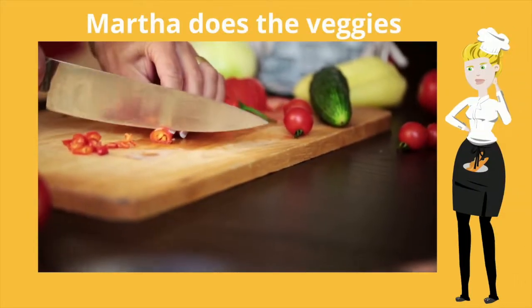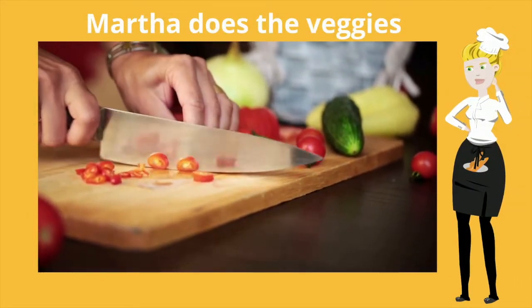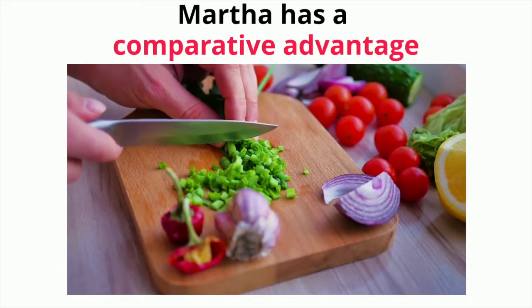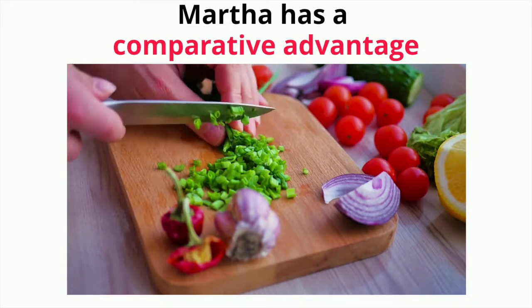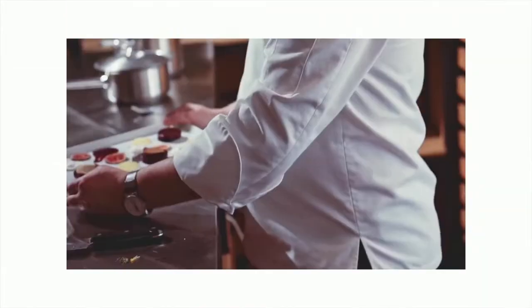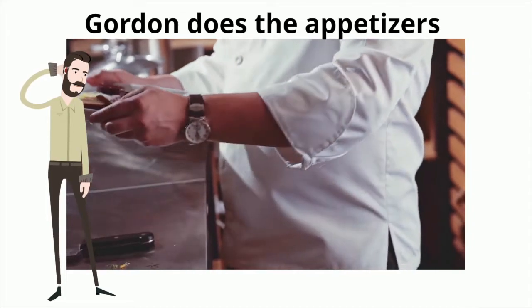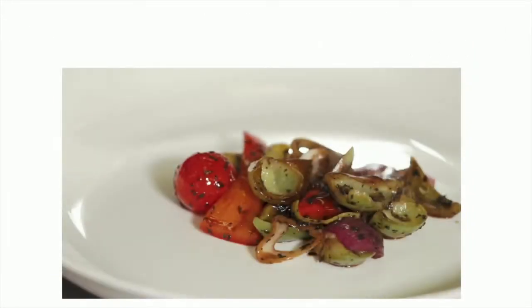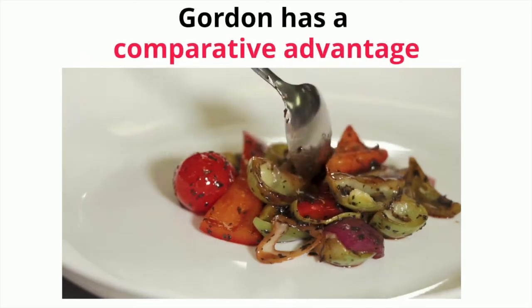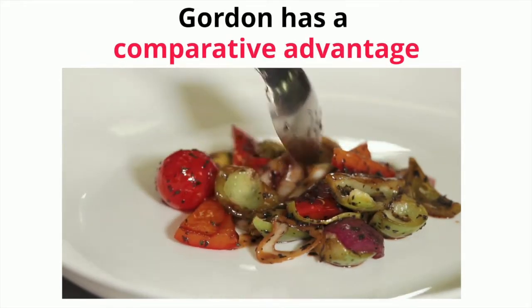Martha does the veggies, because Martha has a comparative advantage cutting vegetables. Gordon does the appetizers, because Gordon has a comparative advantage here.